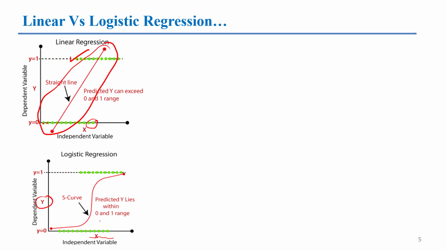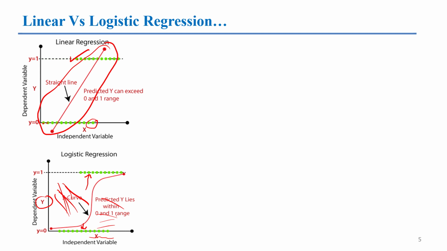Okay, so on that basis we can classify, given that x value, whether the probability of y is towards 1, which means it is part of this portion, or whether it is part of this portion, which means the class of 0. So as you can see with the help of this graph, we can say whether it is going to be part of this class or this particular class.